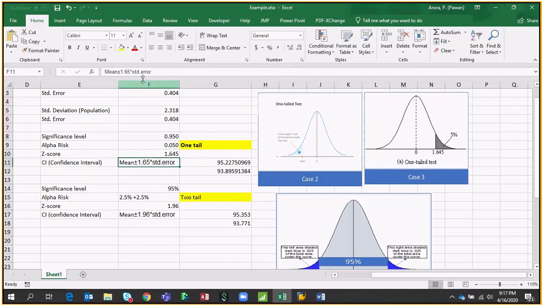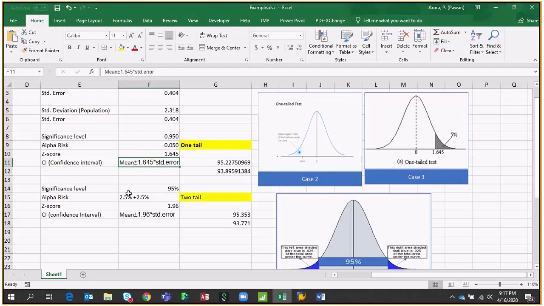Here the formula is the mean plus or minus 1.645 times the standard error. So mean plus 1.645 of standard error will become your confidence interval.